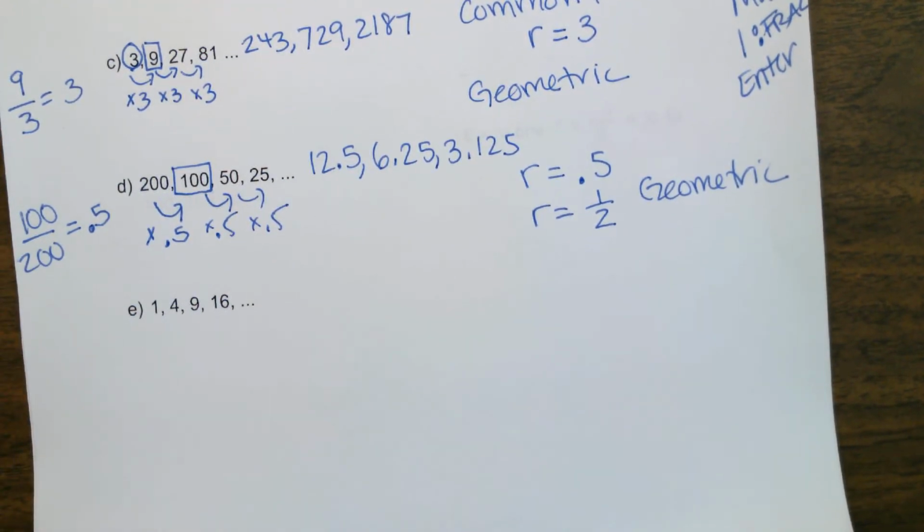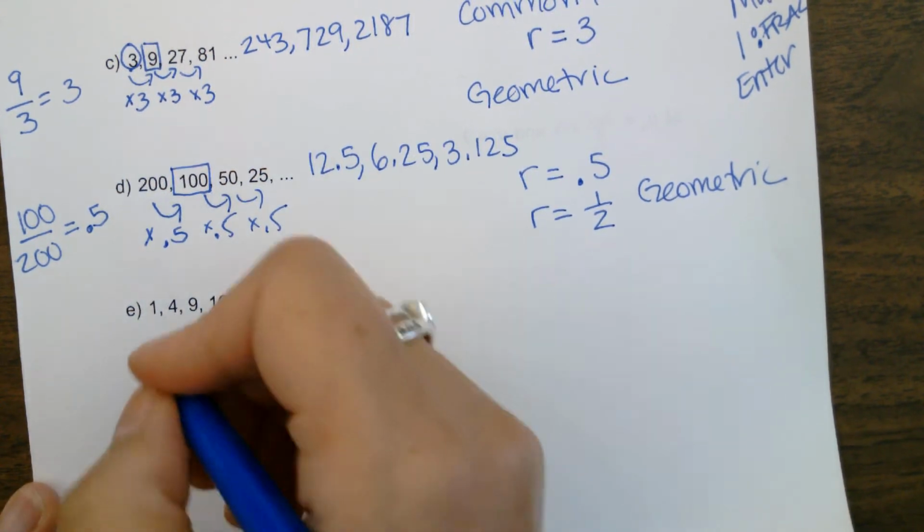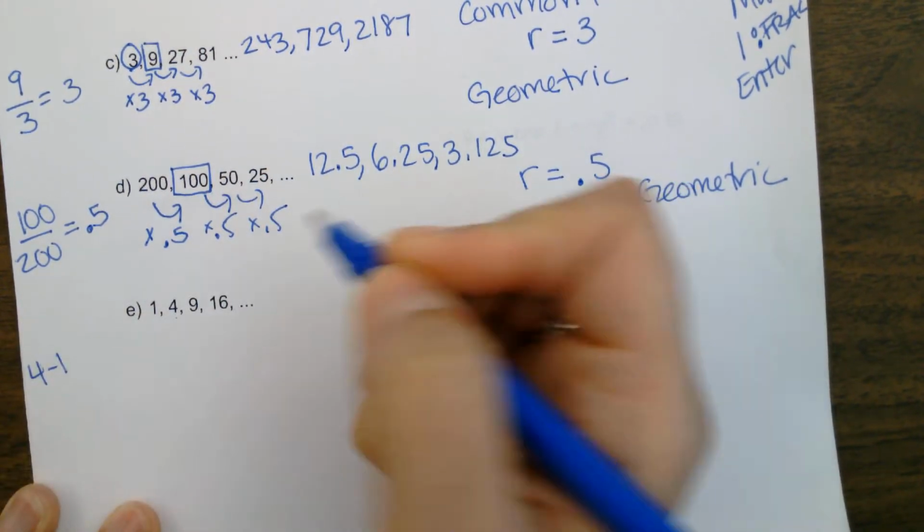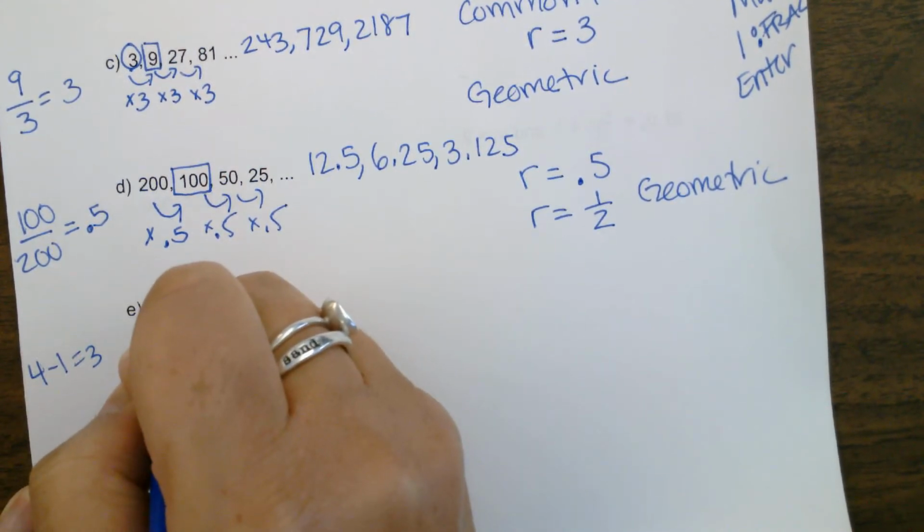Okay. The last little review that we have is 1, 4, 9, 16. Some of you may have remembered this from class when I asked how you feel about it. Well, 1, 4, 9, 16. Let's see if we have a common difference first. So we would take the second number, 4 minus 1, and that would give us 3.